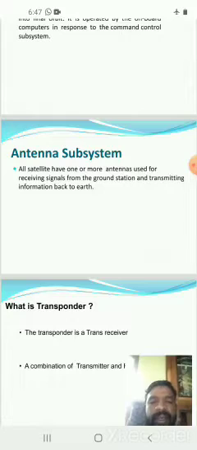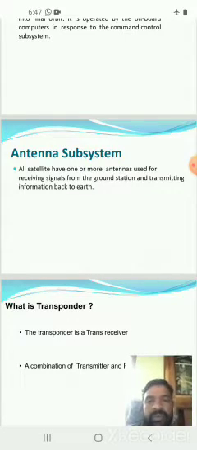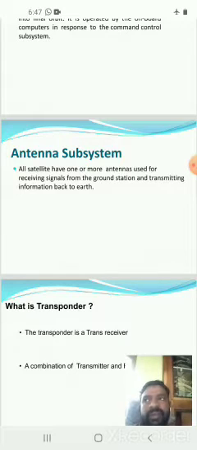All satellites have one or more antennas. So the satellite system contains one or more antenna subsystems. The antenna subsystem contains receiving antennas and transmitting antennas. The receiving antennas receive the signals from the Earth station or ground station, and these signals are given to transponders, and the transponders amplify or process them.